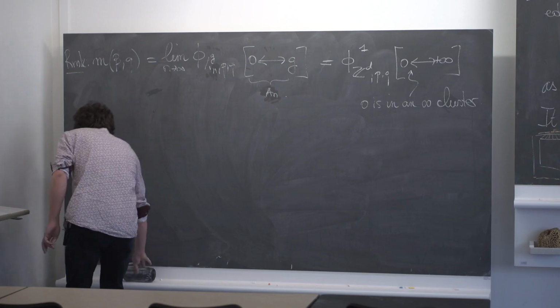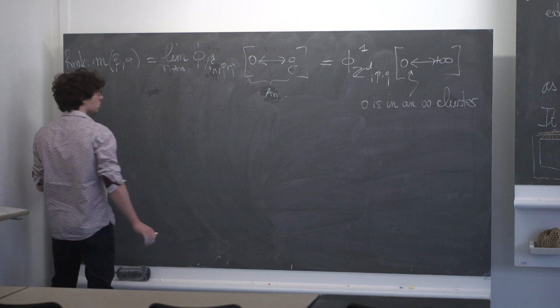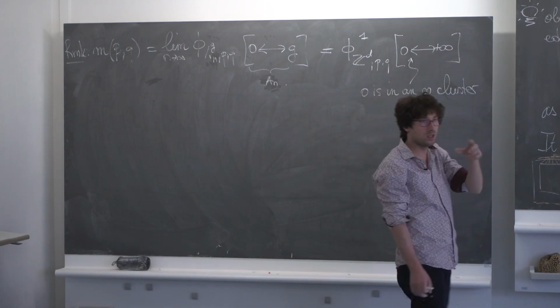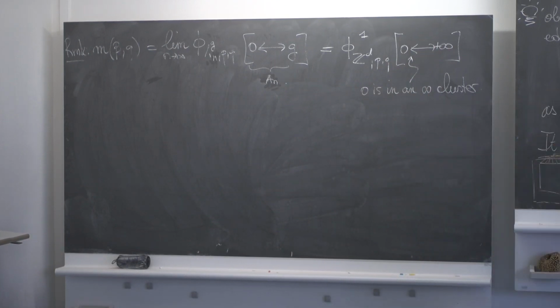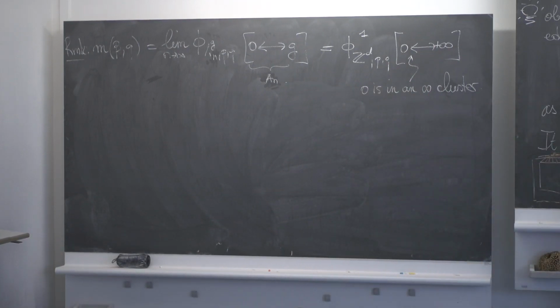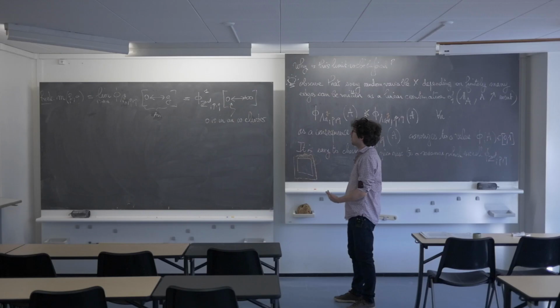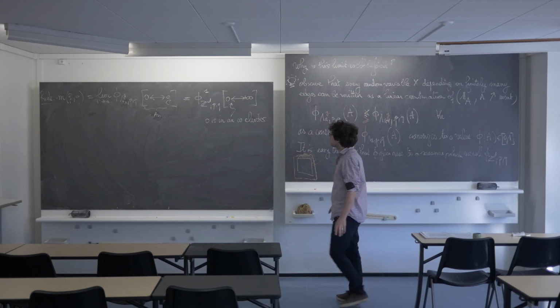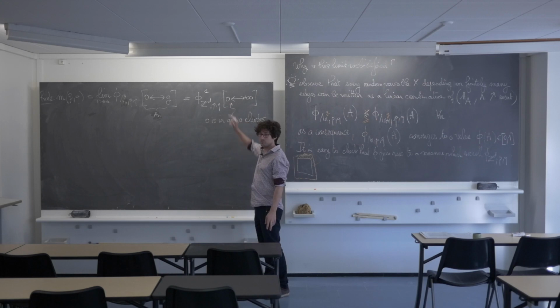Now, one thing that I would like to discuss is that here the existence of an infinite cluster touching 0 becomes an important property. So one thing which is natural: is 0 playing a specific role in my construction? Or could I put any vertex here?